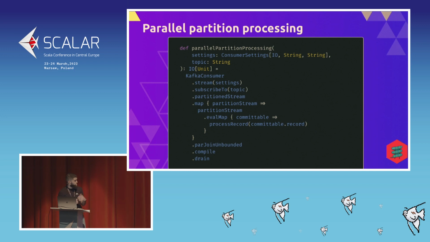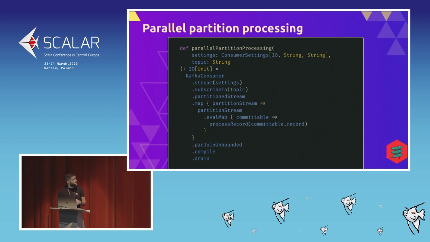Since this is, as I already mentioned, a stream of streams, we can use the parJoinUnbounded method from the fs2 library to process all inner streams in parallel. And the number of inner streams will be the same as the number of topic partitions.